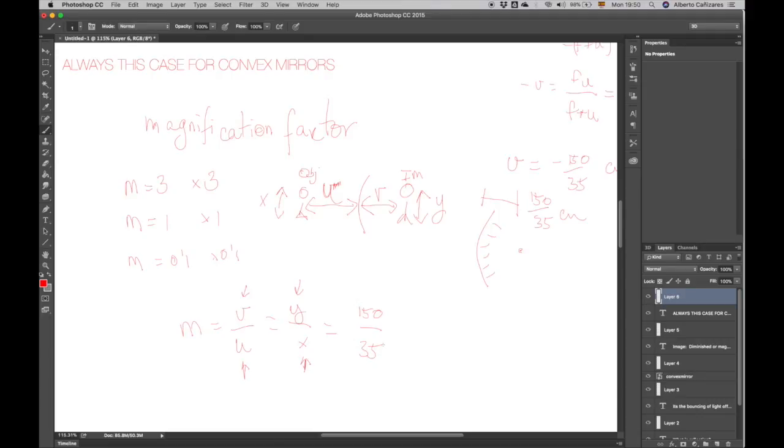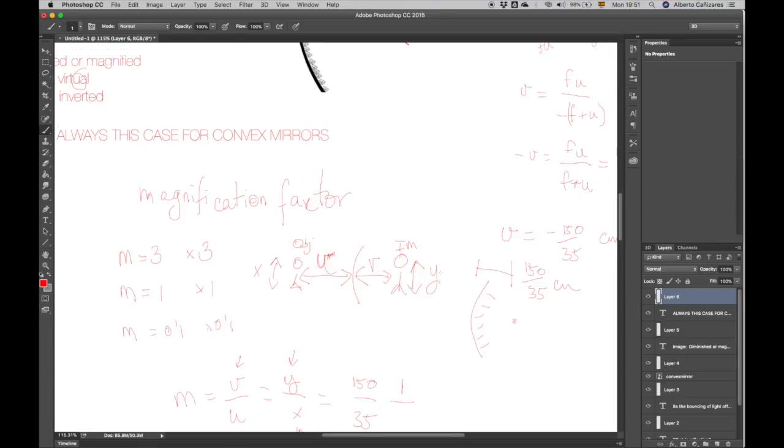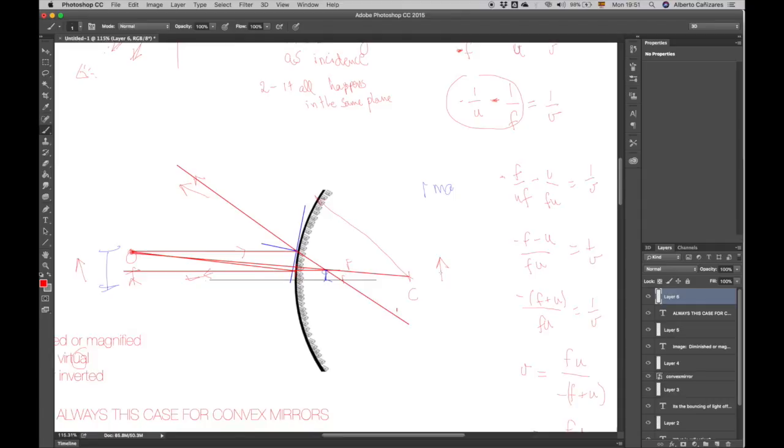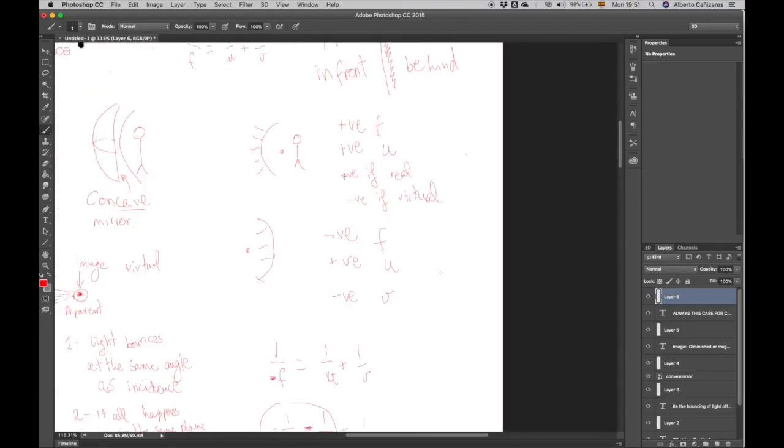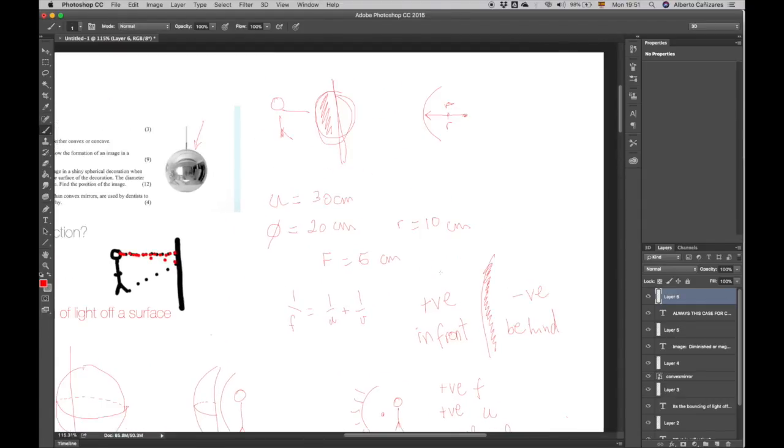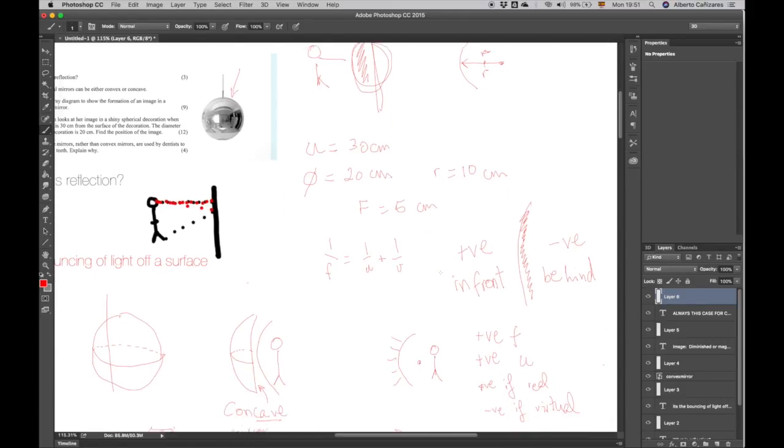150 divided by 35 will be about 4, right? So it will be that divided by u, and the u we said is 30 centimeters.